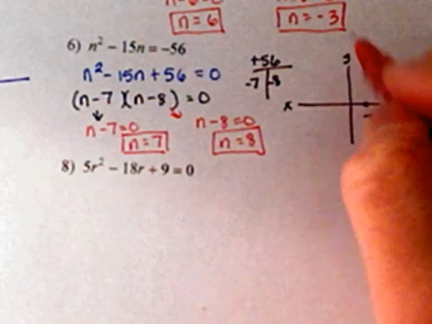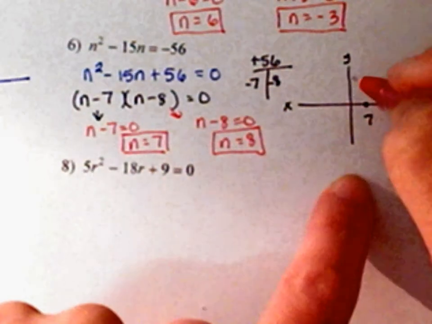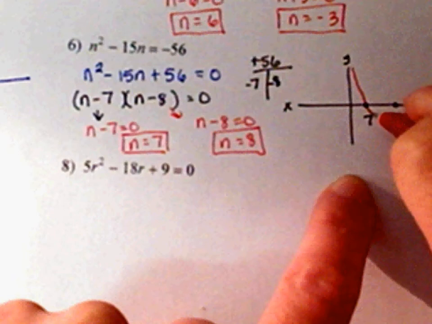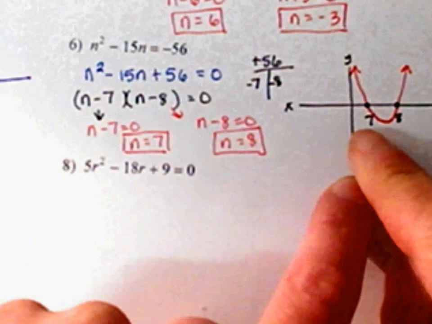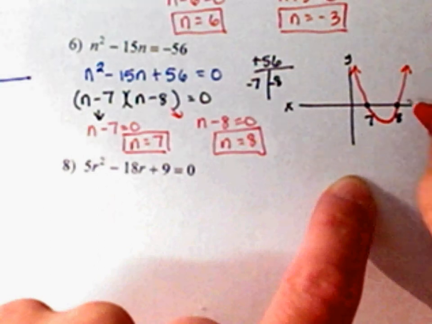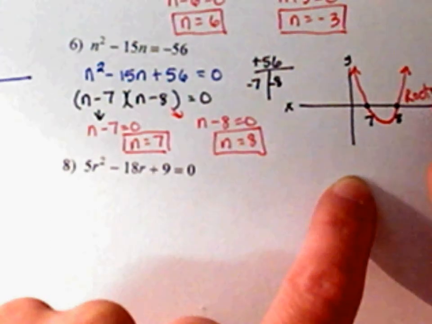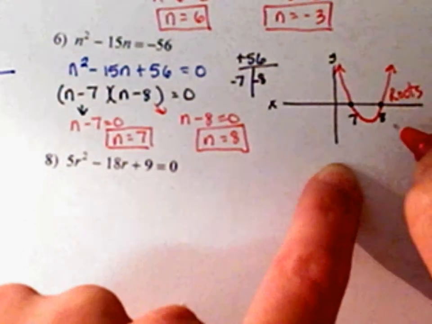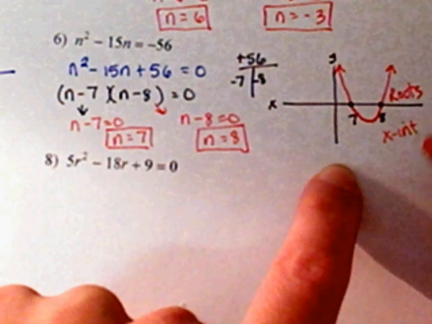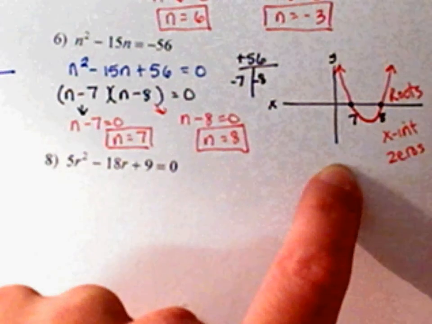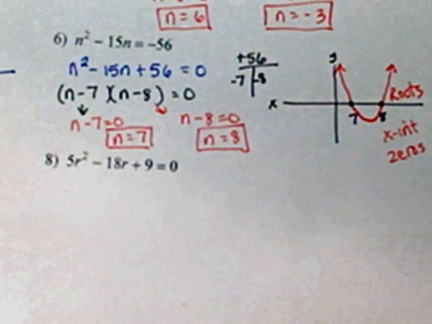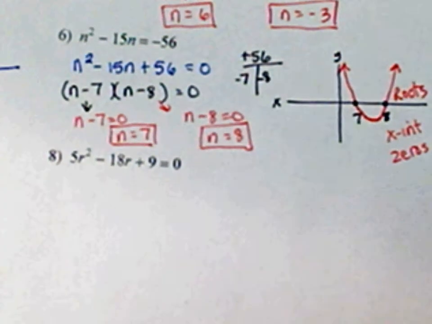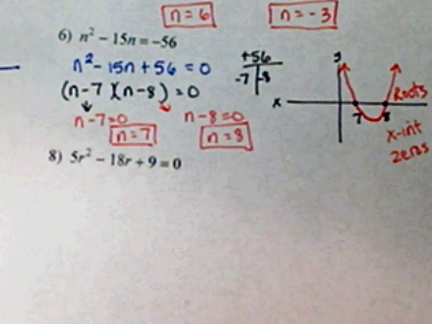Your parabola is going to come down, go across 7, go back up, cross 8, and that's where you're crossing the x-axis. These are your roots, or you could even call it your x-intercept, and another word for it is zeros. All those 3 mean the same thing. And that's the reason you are solving each equation by factoring. You're solving for where it crosses the x value. In this case, this would be an n.